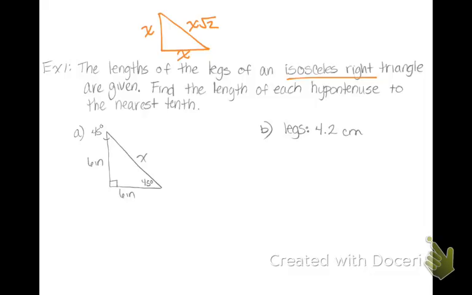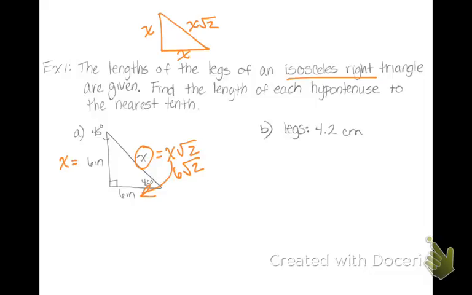If I look at the picture, the legs are 6. So they're saying x equals 6. So the hypotenuse is x square root of 2. But x equals 6, so it's going to be 6 square root of 2.